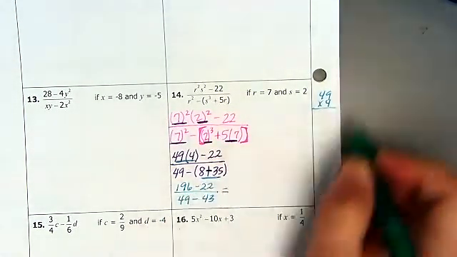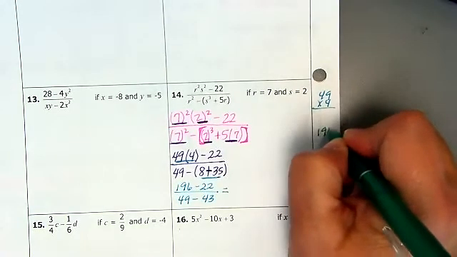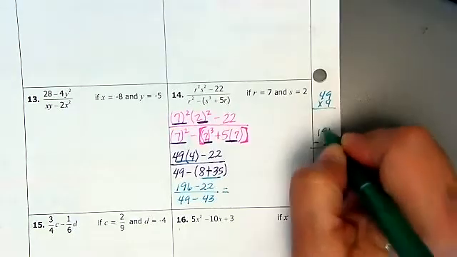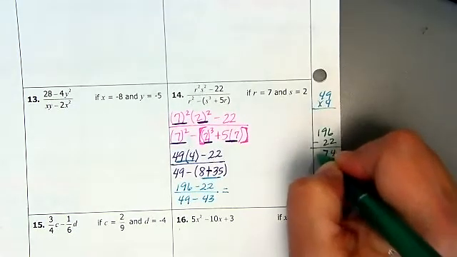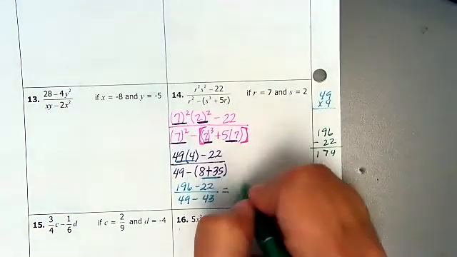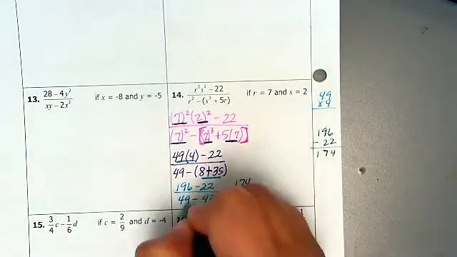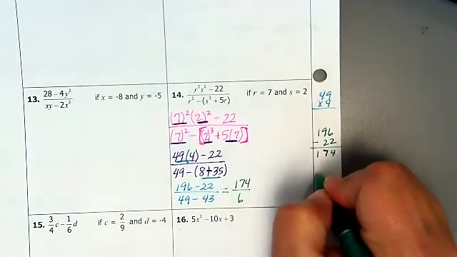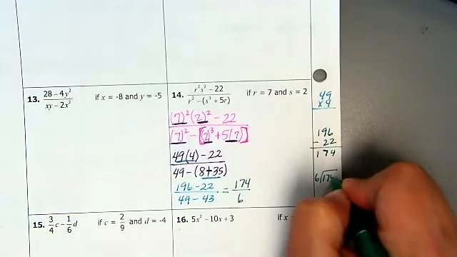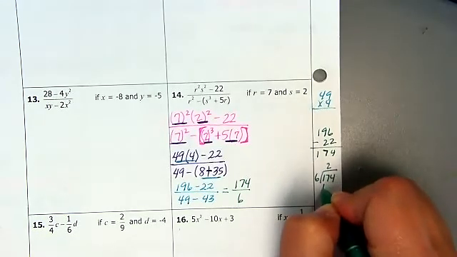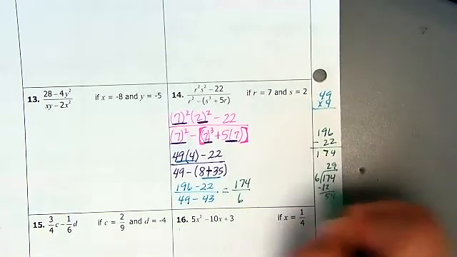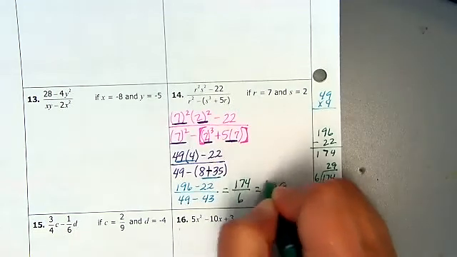So now I'm doing this subtraction. 196 minus 22 is 174, over 49 minus 43, which is 6. So now I'm going to actually do that division. 6 into 174 goes 2 times, that's 12, 5, 4, 9. So my answer here is 29.